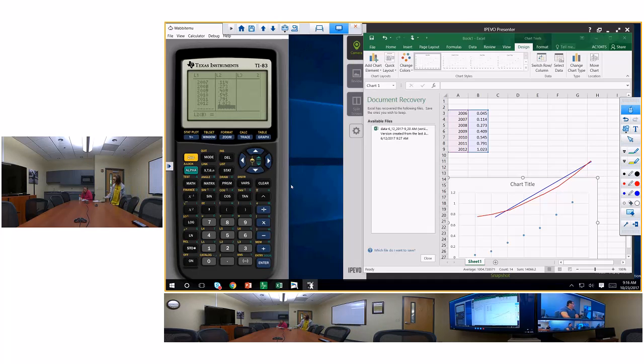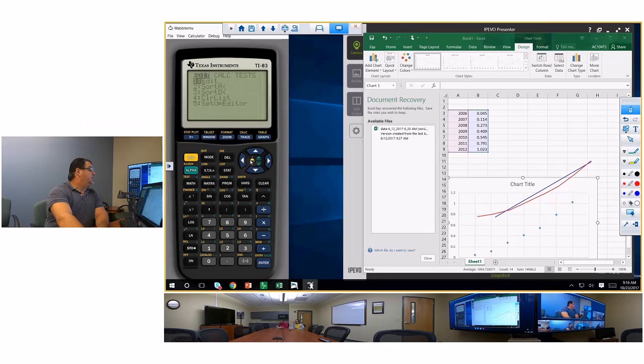Alright, so there's that. And now we just hit the handy dandy stat, calculate. And if you wanted to do a linear regression, you would hit linear regression. That's a straight line.